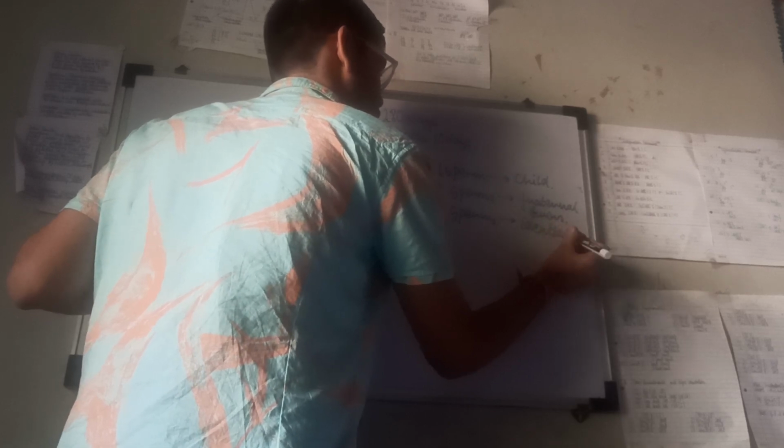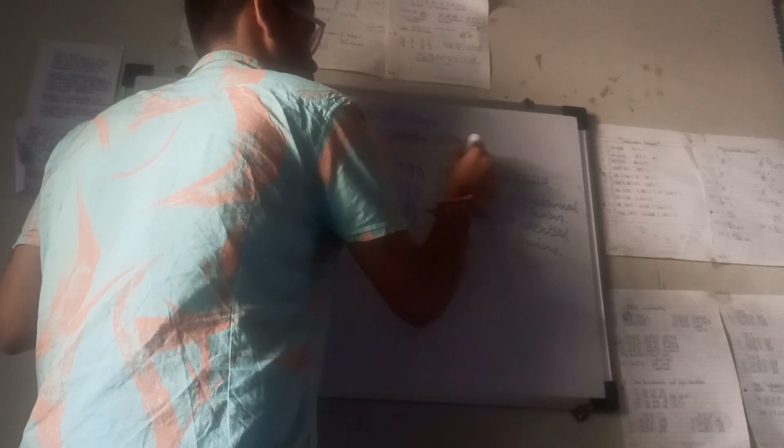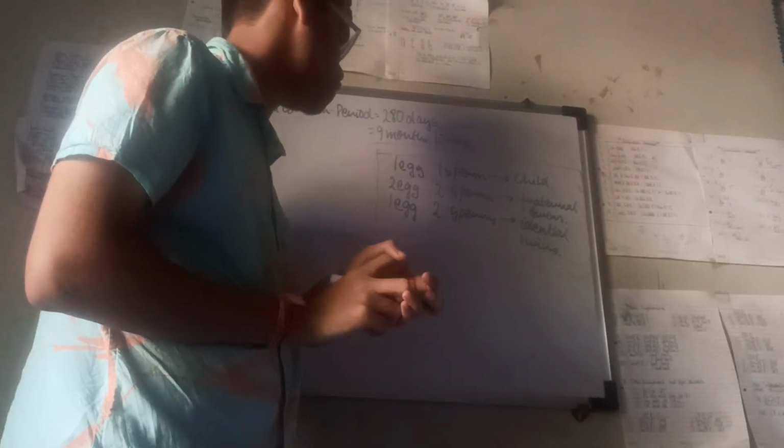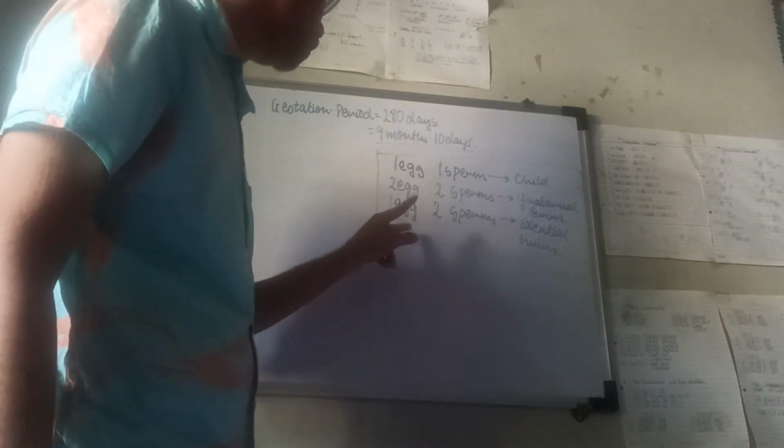This is the basic description. One egg, one sperm, a child, girl or boy. Two eggs, two sperms, fraternal twins. One egg, identical twins. Fraternal twins are also called non-identical twins.